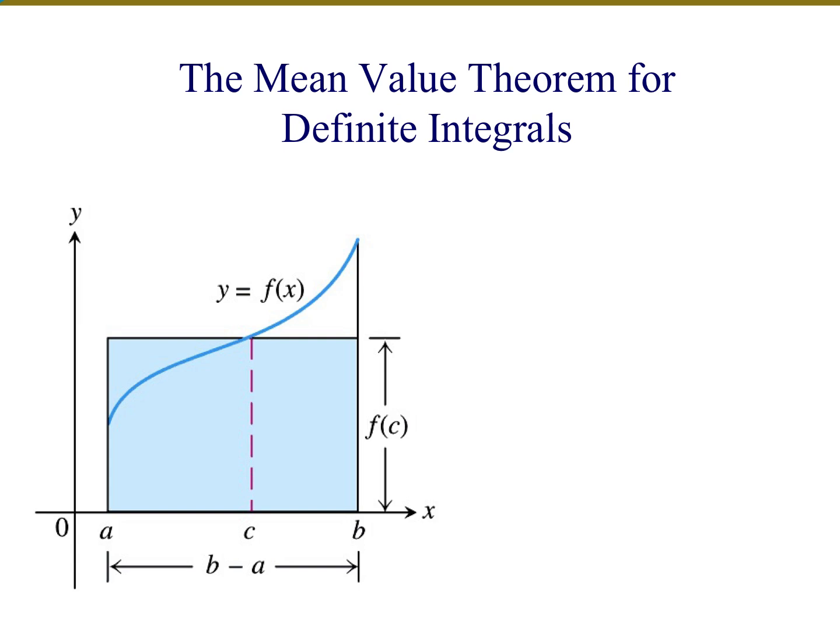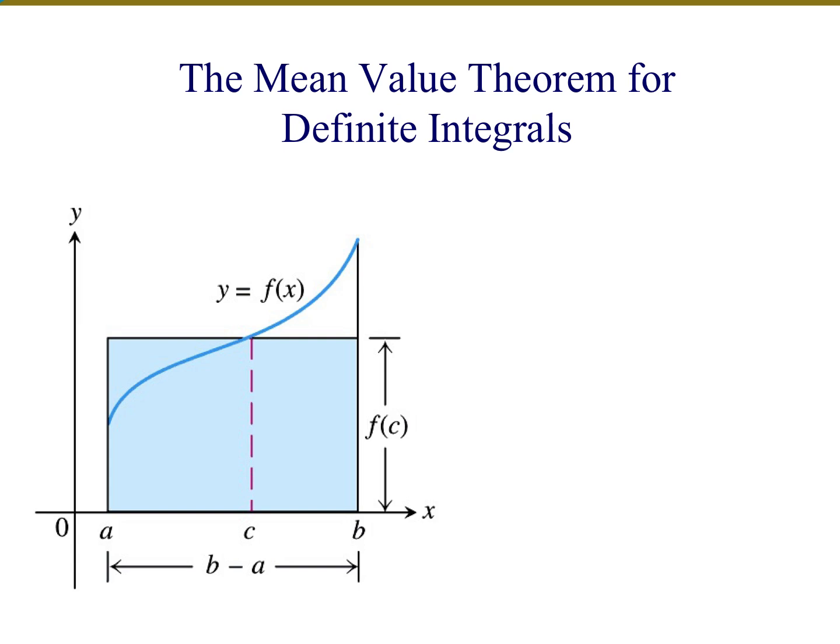So if you take a curvy function, and if you were able to flatten that to an average height, that would be called the average value of the function. And you get it from doing integral over interval. That turns out to be true here.